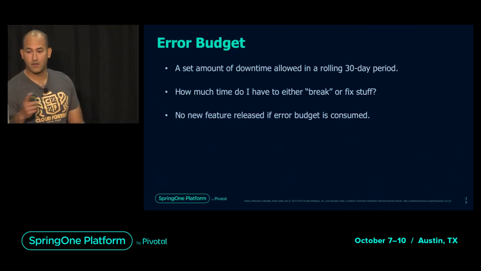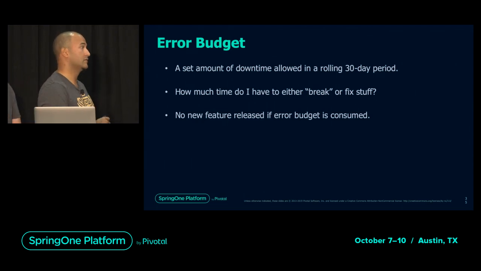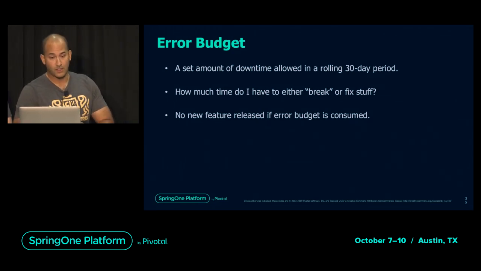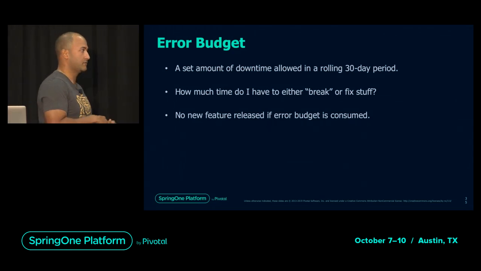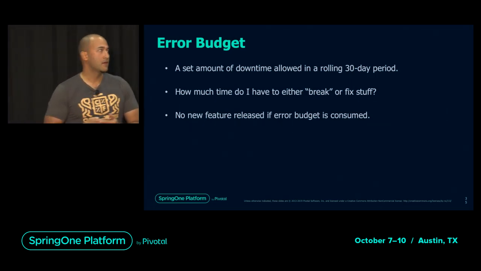Last thing is the error budget. And again, just to summarize, the error budget is a set amount of downtime or degraded level of service allowed in a 30-day rolling period. We kind of sum it up as how much time do I have to either break or fix stuff.